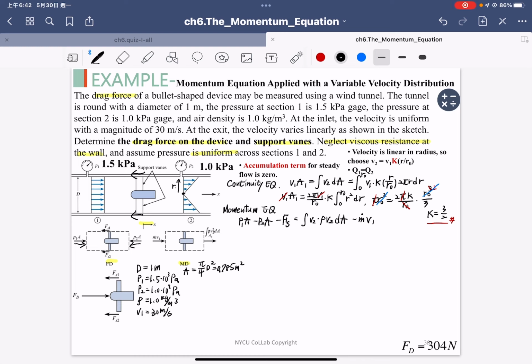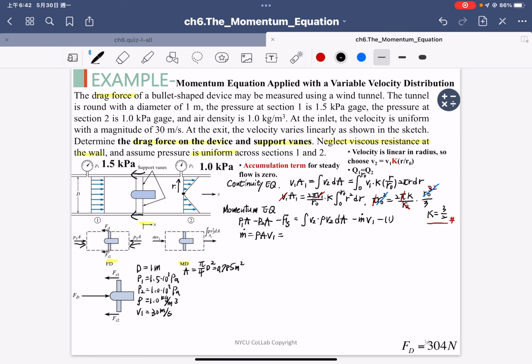Okay, so we can deal with the problem step by step. The first one, this is our equation 1, we have the mass rate, and we know the mass rate equals rho A V, and we use V1 here.